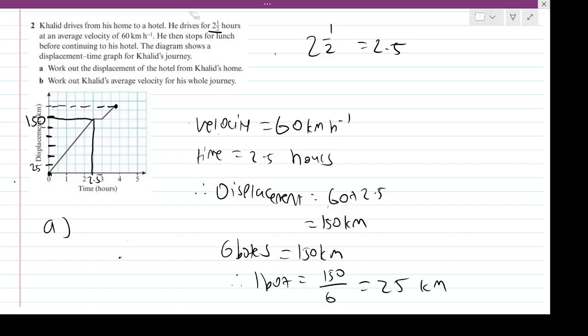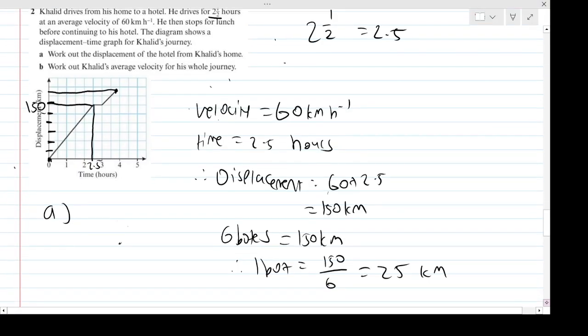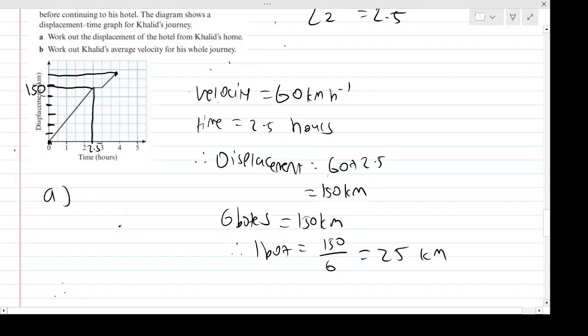Okay, so what I can do here then is to work out this. If I read off the graph at the end point here, which is the hotel, where he finishes his journey, if we start at 150, we go 1.5 boxes up. The displacement at the end is going to be 150, and then we add 1.5 boxes.